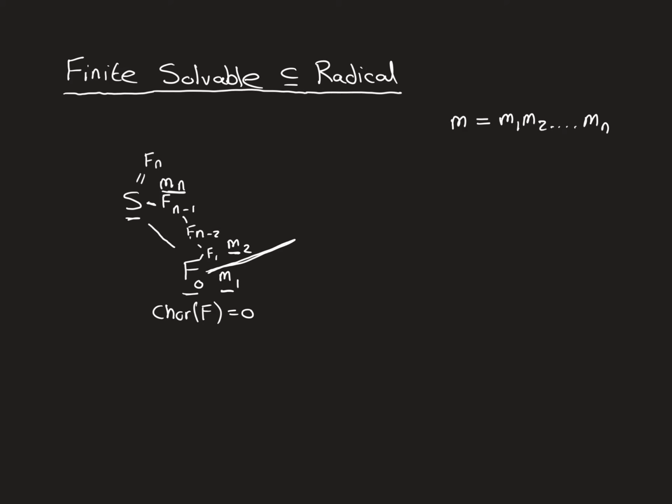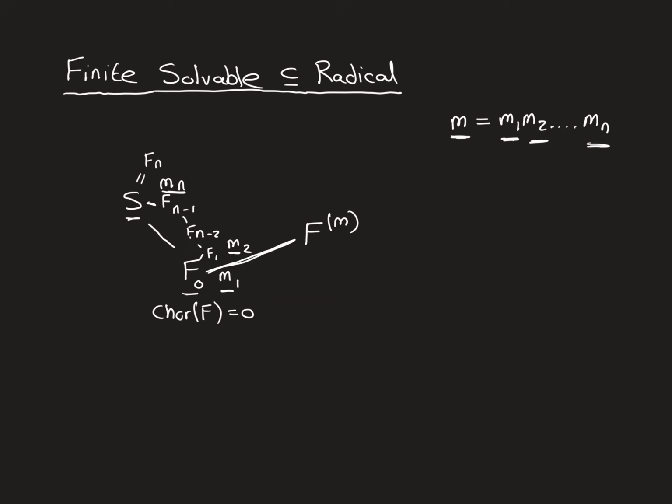So I'm going to create the mth cyclotomic extension of F, which will then have a primitive mth root of unity in it, and therefore will have a primitive m1th root of unity, a primitive m2th root of unity, all the way up to a primitive mnth root of unity. So it will have all the necessary primitive roots of unity.